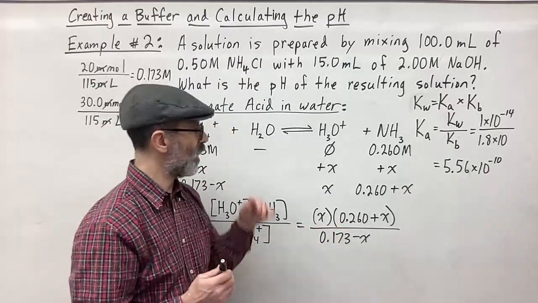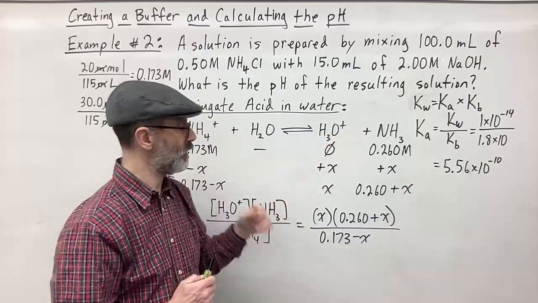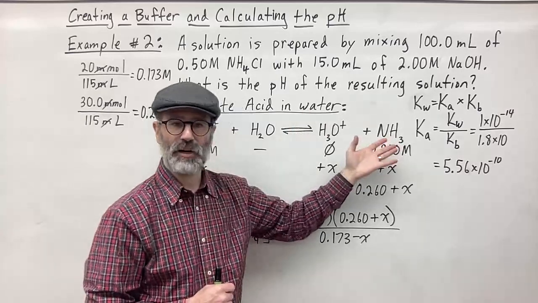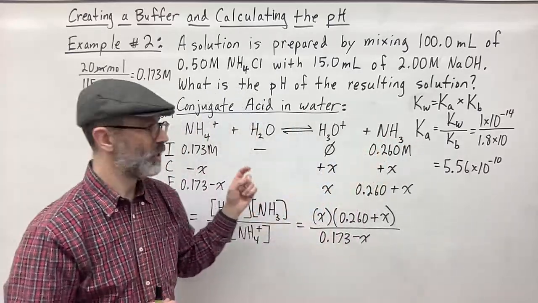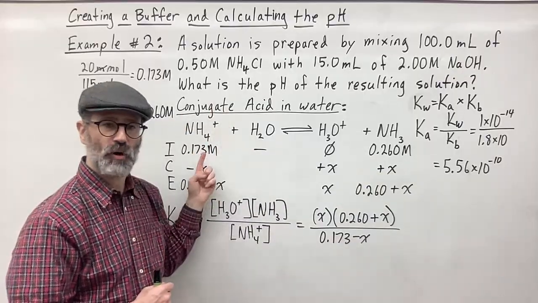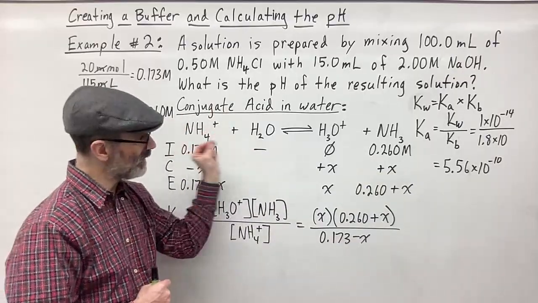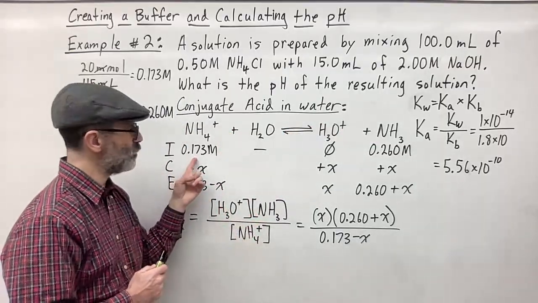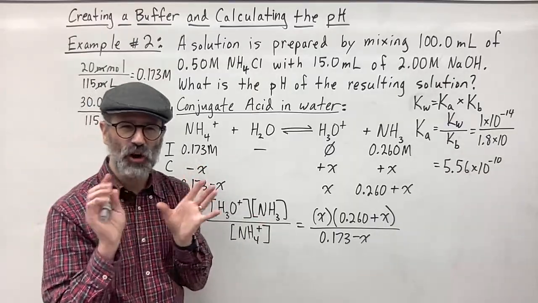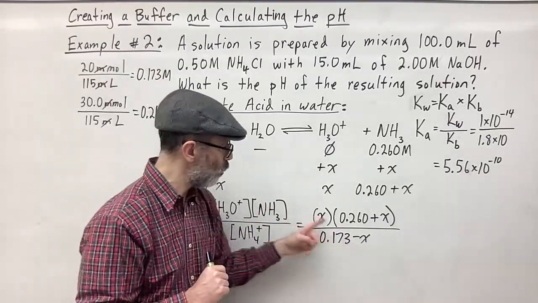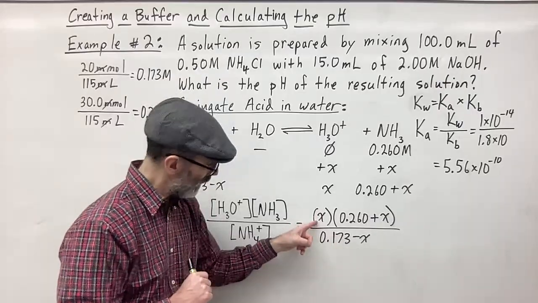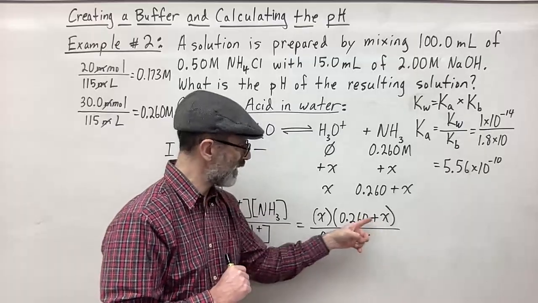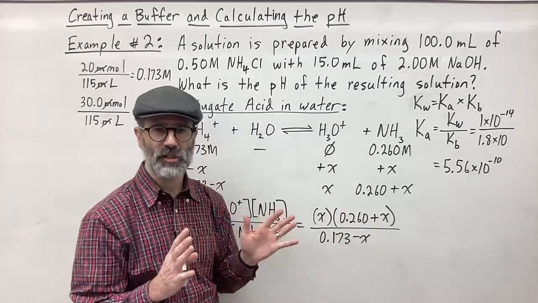So that means that although it's going to go in this direction, the products are not very favored by this reaction. So the reactants are much, much more favored. So a tiny bit is actually going to go this direction, which means that the initial concentrations shouldn't change all that much, right? So x is going to be so small that, well, not that x, we don't want to ignore that x, but the x is going to be so small that if you subtract or add to these numbers, they're really not going to change. So we can ignore it.